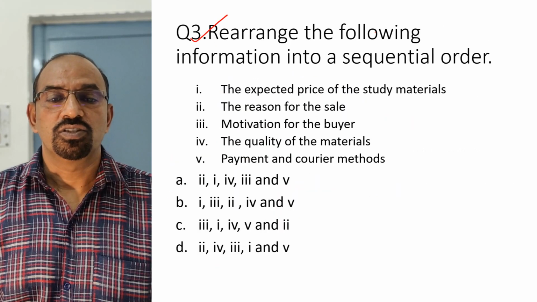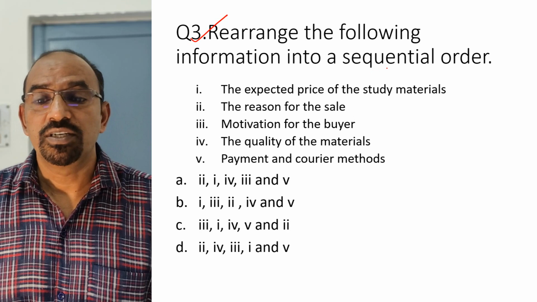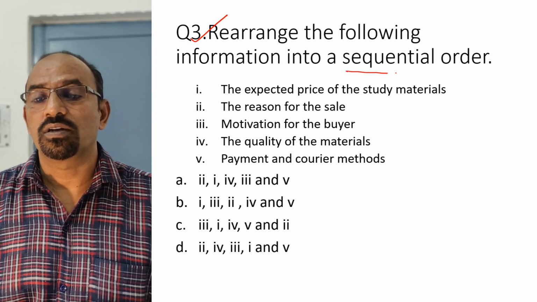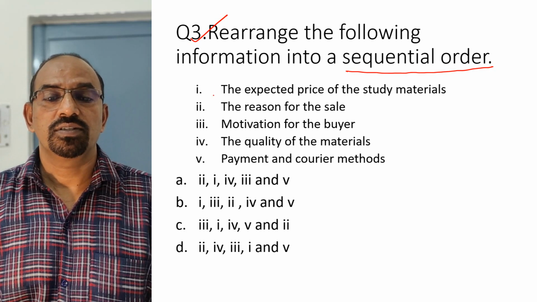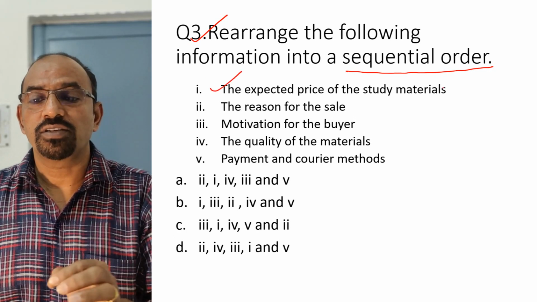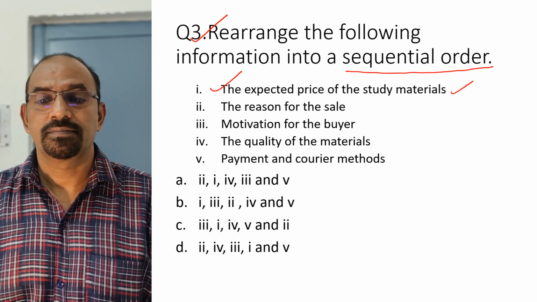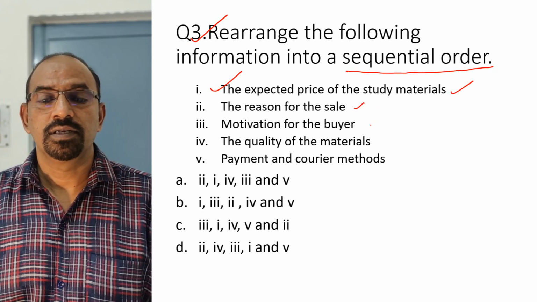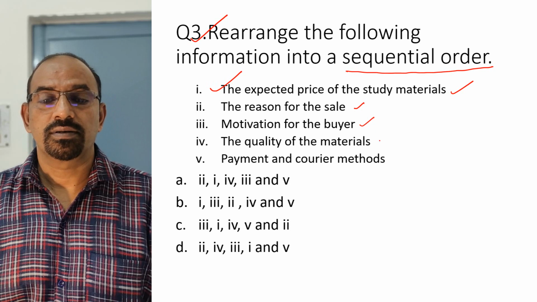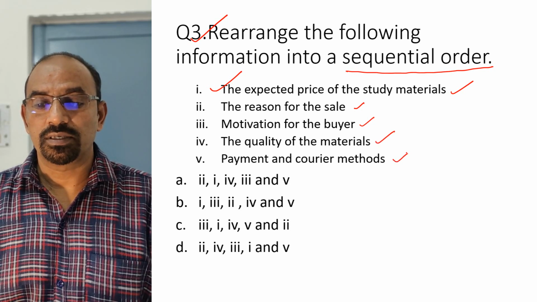Look at the third question. Rearrange the following information into a sequential order. You have to write in a sequential order. First, the expected price of the study materials. Second, the reason for the sale, motivation for the buyer, the quality of the materials, payment and courier methods.